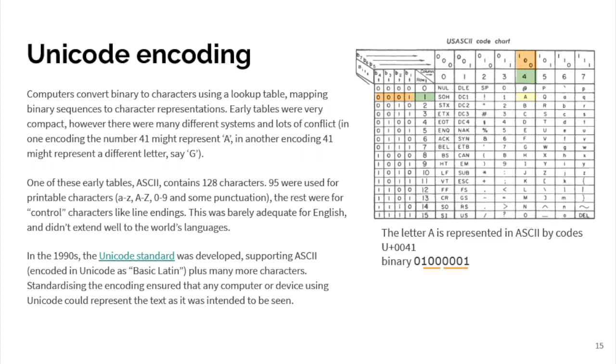It was a good system, but it only worked for English. Well, it barely worked for English, and it didn't work well for the rest of the world's languages. So there was no way using ASCII to encode Japanese or Chinese symbols or other writing systems. So the Unicode standard was developed. It supported this basic ASCII system plus a lot of more characters.